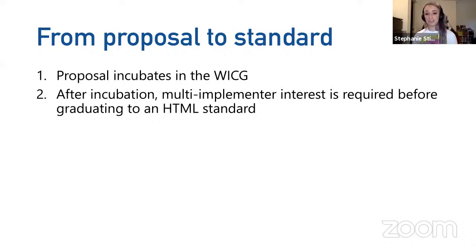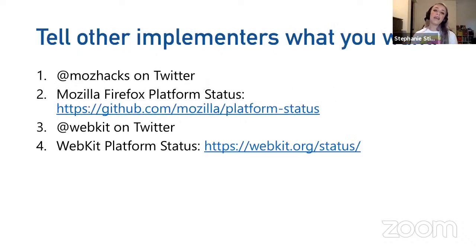After incubation, we need multi-implementer interest before this graduates to an HTML standard. And so if these are things that you want, it's absolutely key that you as developers go tell other implementers what it is you want. So go reach out to Mozilla on their platform status or Twitter page, and the same for WebKit, and voice your opinion. It's super important.